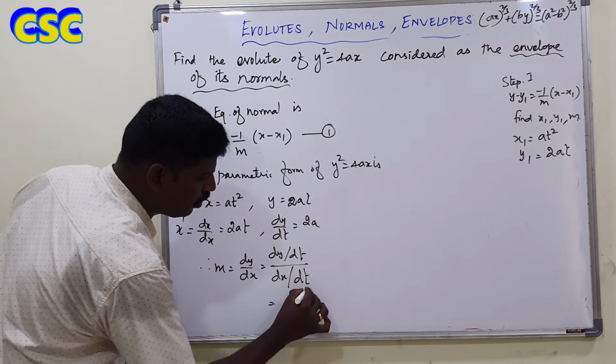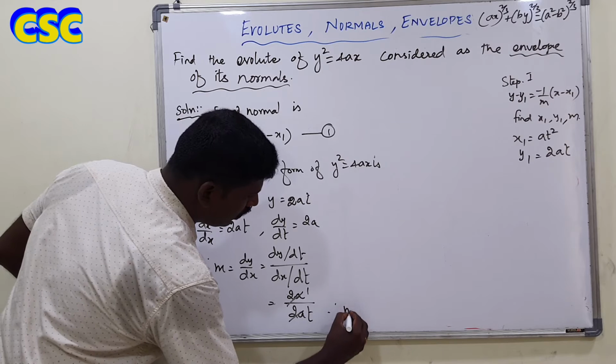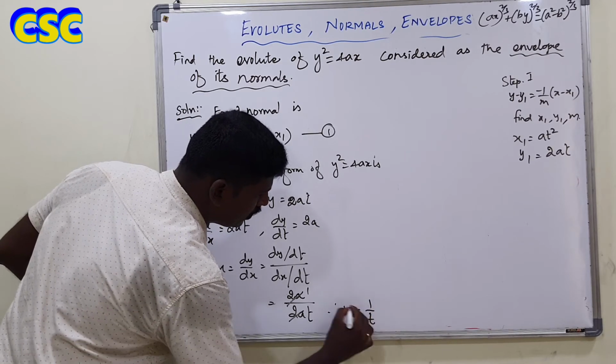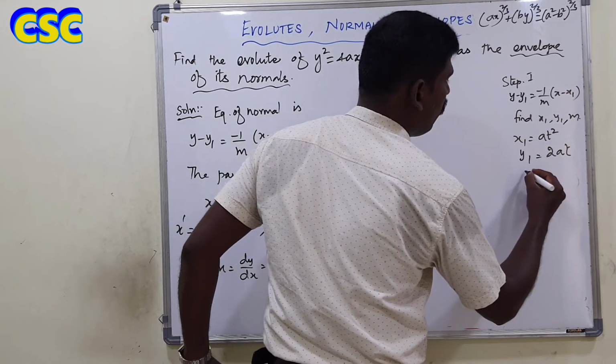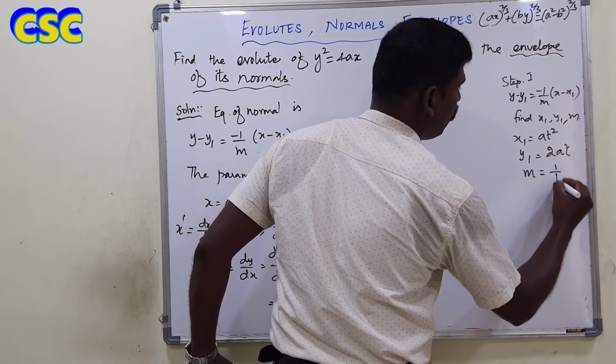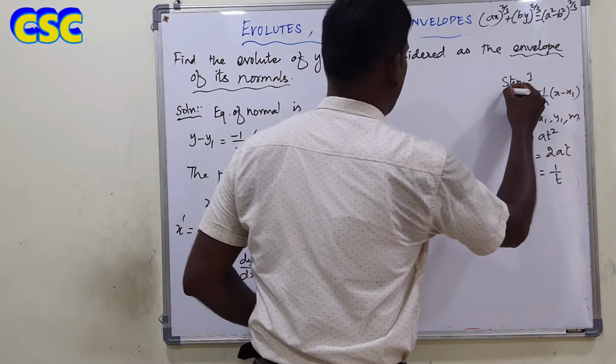Can we strike out the 2a with 2a? So m is equal to 1 by t. That's all, I found m. Everything is in terms of t. So this is step 1.